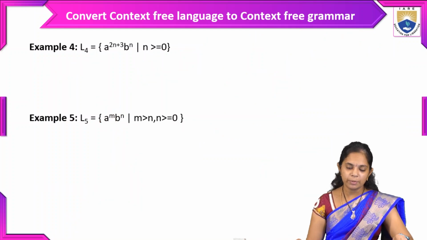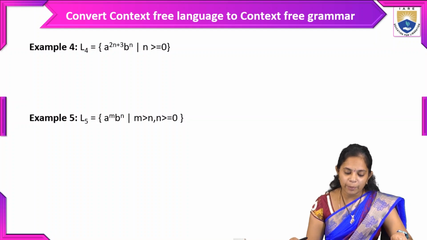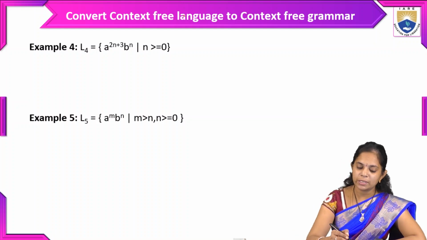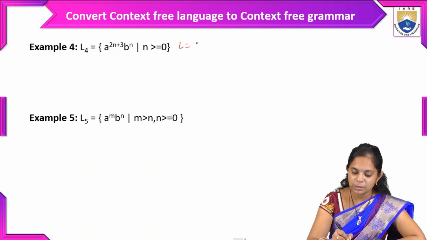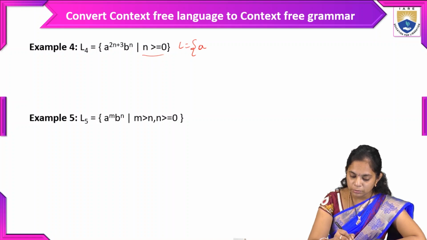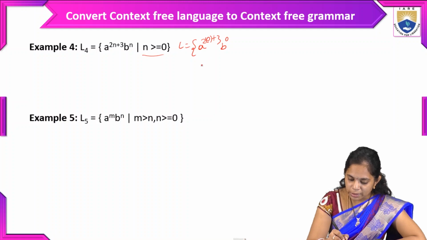And one more example. Here a power 2n plus 3, b power n. First we need to write the language, then we will get the clarity. For n greater than or equal to 0, if you take n is equal to 0, a power 2 into 0 plus 3 and b power 0. What is the minimum value? A power 3 is the minimum length here.